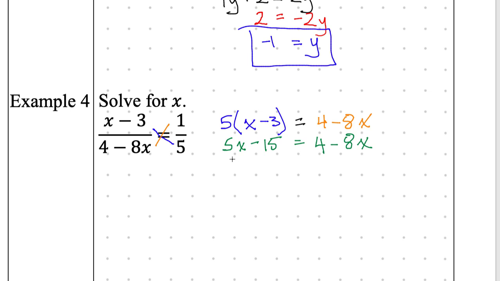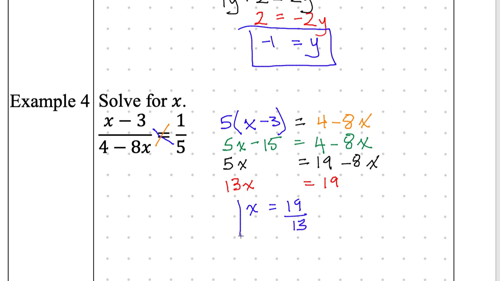Okay, so I get, all right, and then I get, say again. Okay. Divide by 13. When I divide by 13, I get x is equal to 19 over 13. There it is.